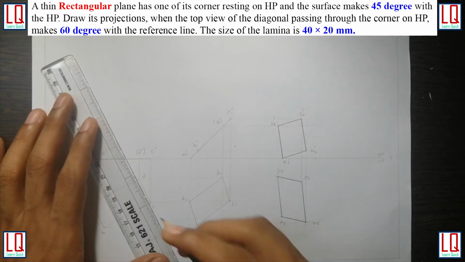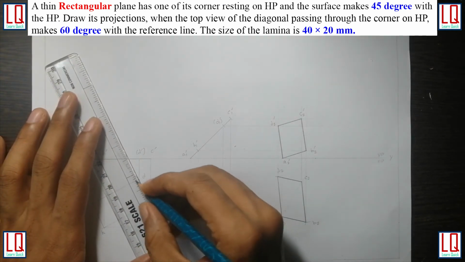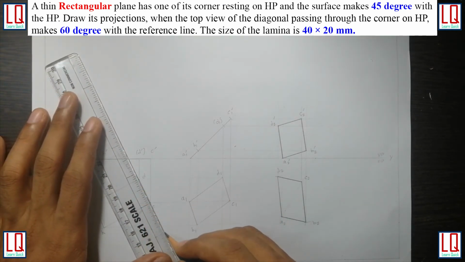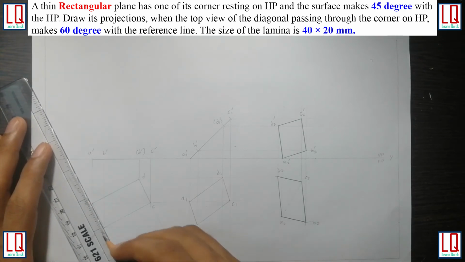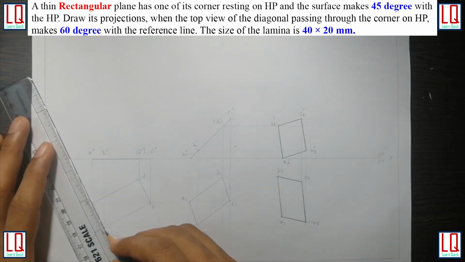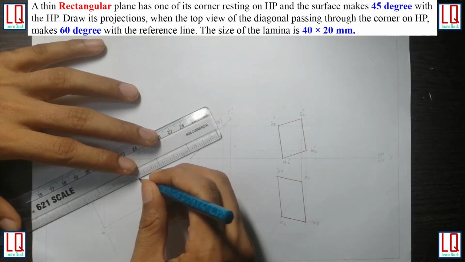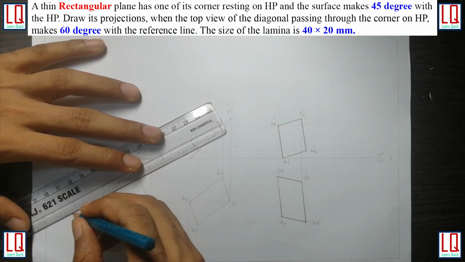Now let's do the dimensioning of the rectangle. This is for the larger side, and this linear dimensioning is for the shorter side.